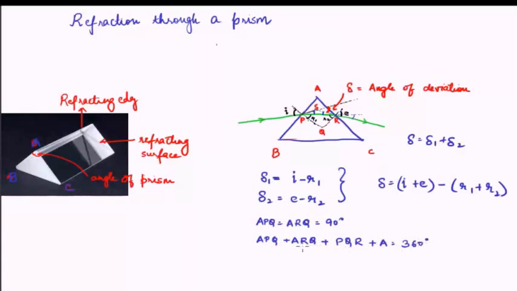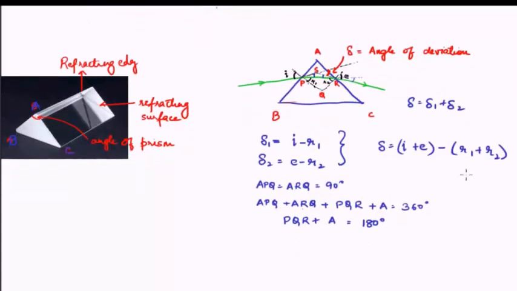Replacing these two 90s, we get PQR plus the angle of the prism A is equal to 360 minus 90 plus 90, which is 180 degrees. So what we get is that PQR and the angle A sum up to 180 degrees.